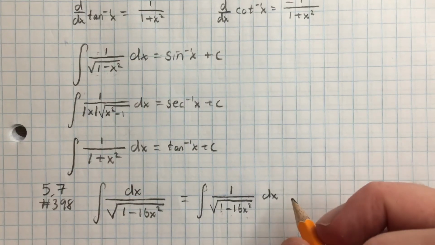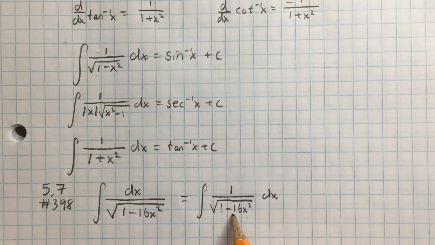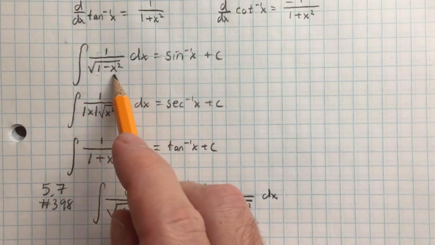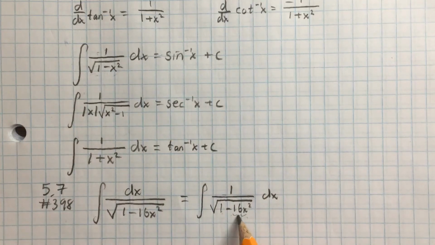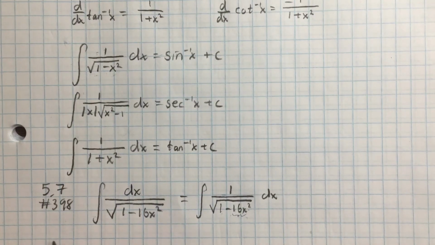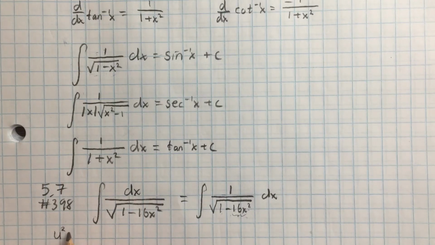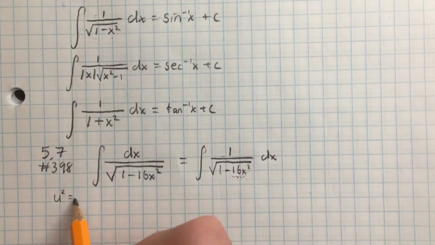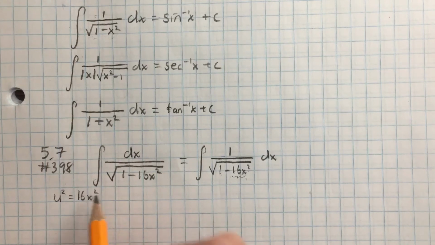All right, so the first thing to do is I need to get this little expression here to change into a perfect square, right? Right now it's 16 times x squared. So what I can do is I can replace the 16x squared with u squared. Okay? So let's just think of that for a quick second. U squared would be 16x squared.